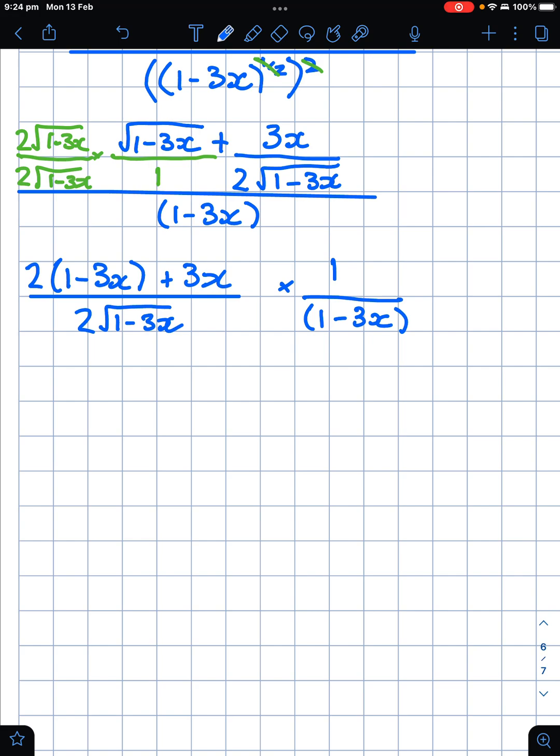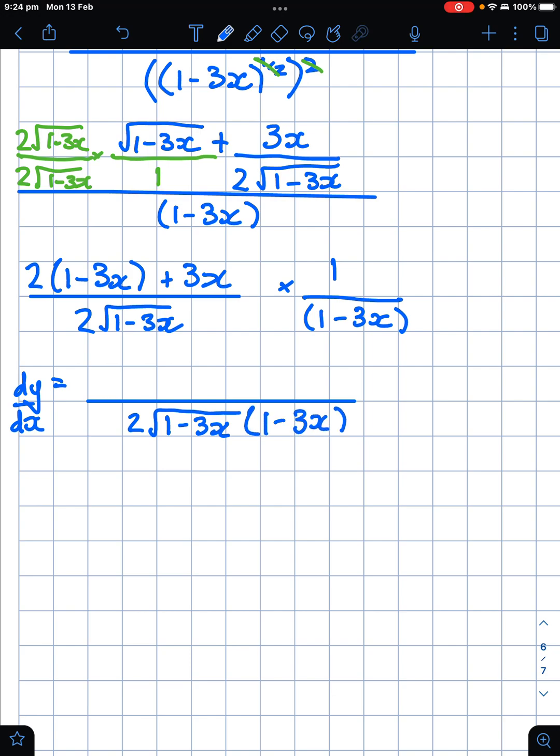Now our next step here, dy/dx. These bottom things here, I'm just going to leave for the minute. So I've got 2 square root 1 minus 3x times 1 minus 3x.